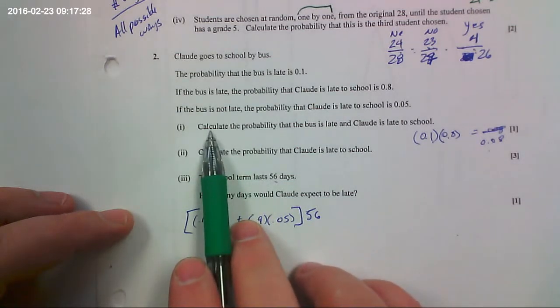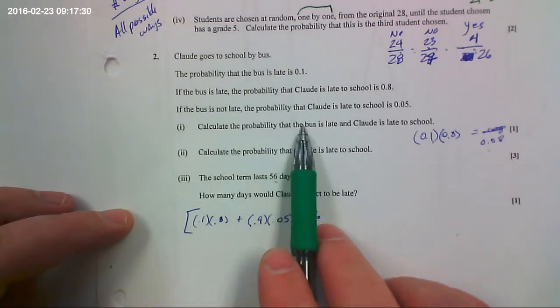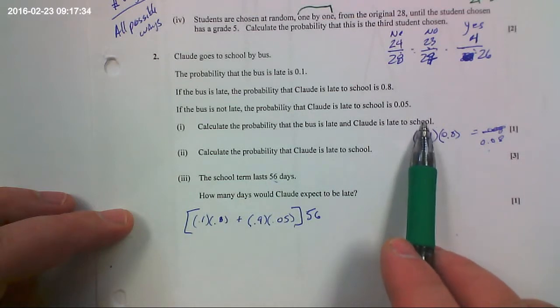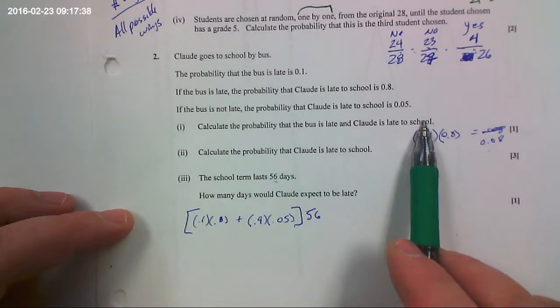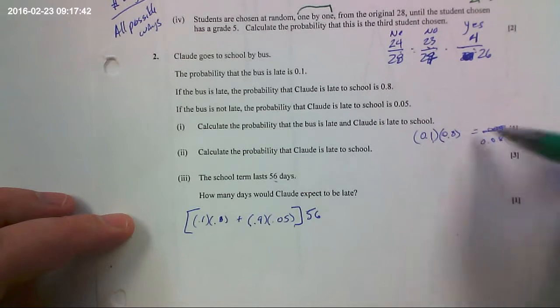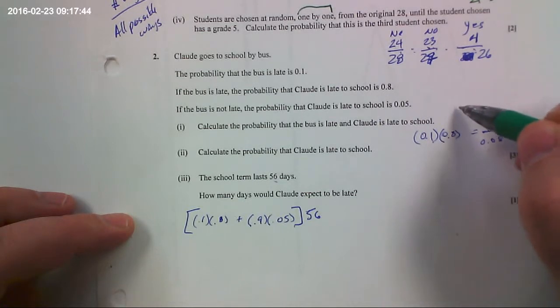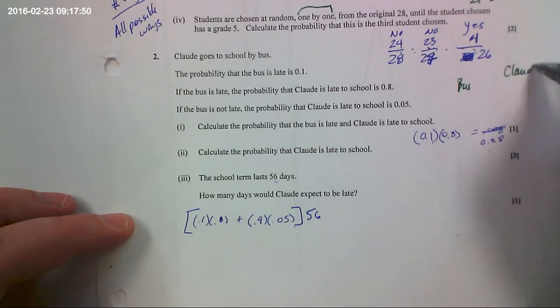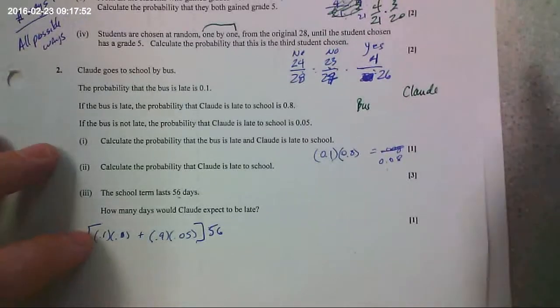So I know it's confusing. Calculate the probability that the bus is late and Claude is late. I would do a tree diagram. But let's talk about the bus and Claude. Can you guys see that?